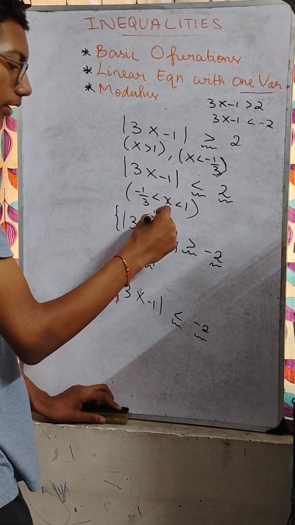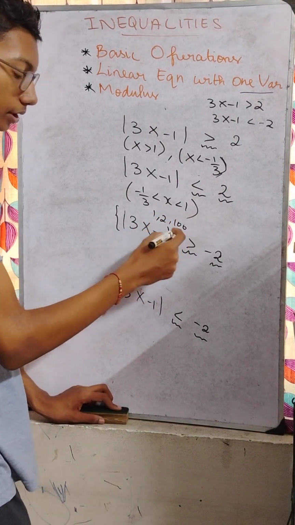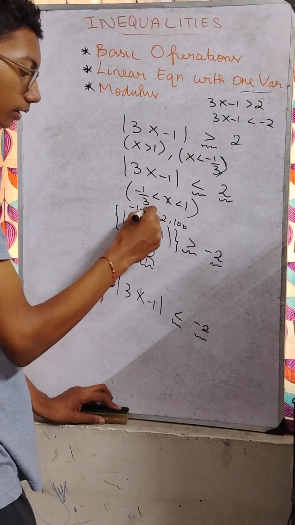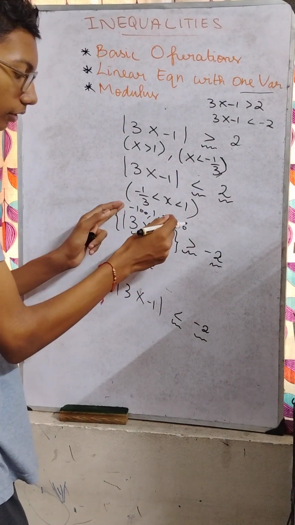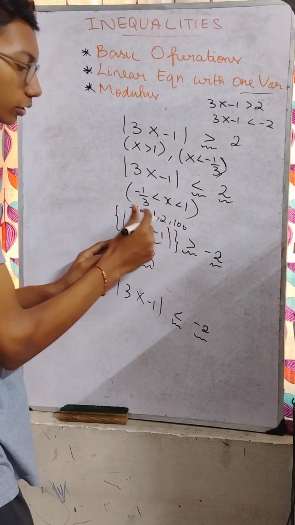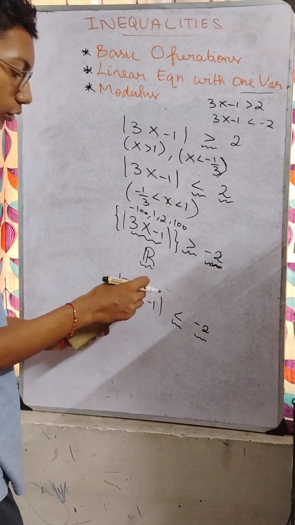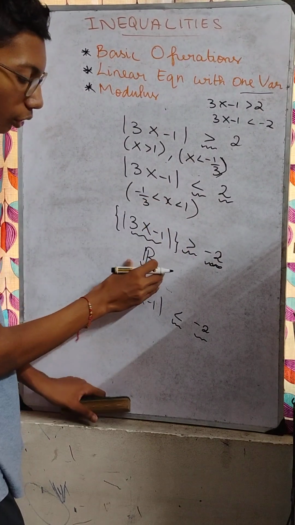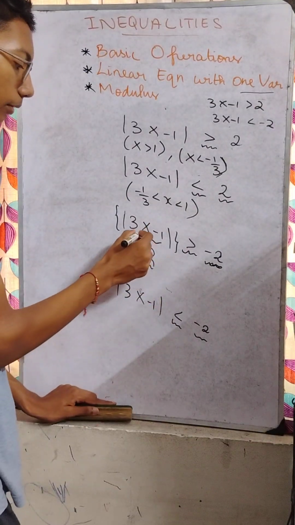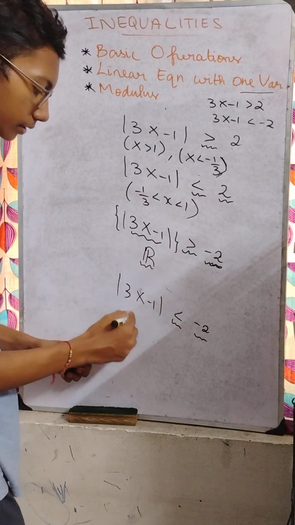Any number like 1, 2, 100, or even minus 100: if we get minus 100 for this expression, we do the modulus and it will be 100, which will always be greater than minus 2. So the answer for this kind of modulus inequality is all real numbers. Any real number you put for x will solve this. So that is the answer.